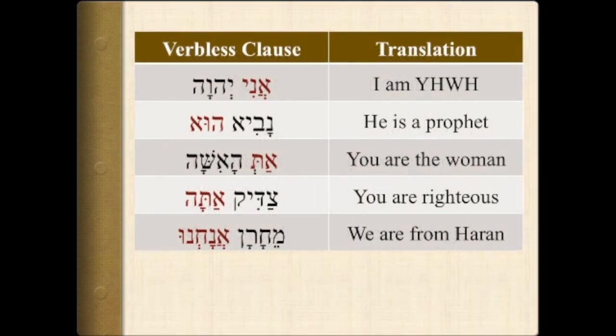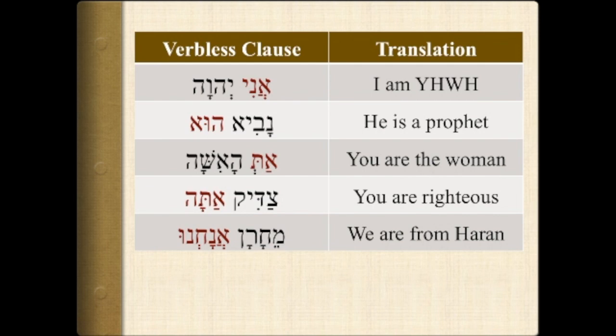Here are some examples of the independent pronoun used in verbless clauses. And these are tricky, so you need to pay attention to these. We will be dealing with them again later. But it can sometimes be a little tricky to figure out if something is a verbless clause. Here are some examples. The first one, Ani Adonai.